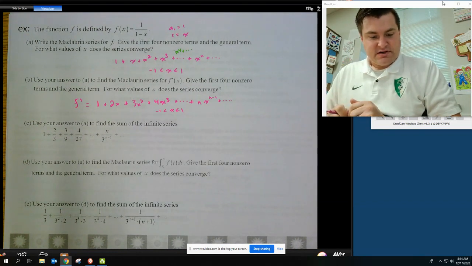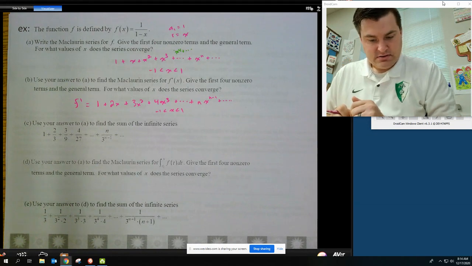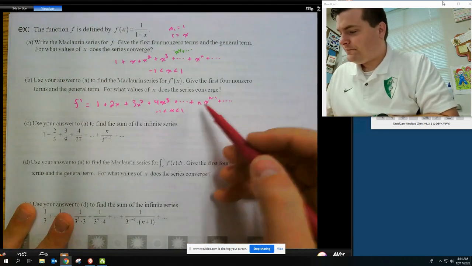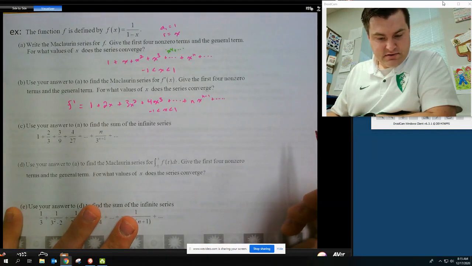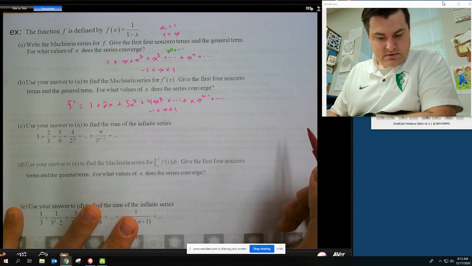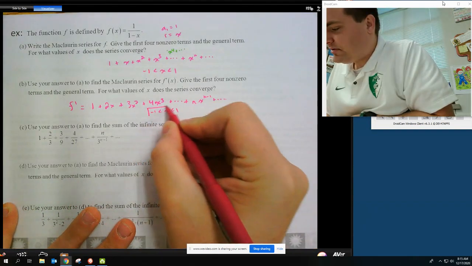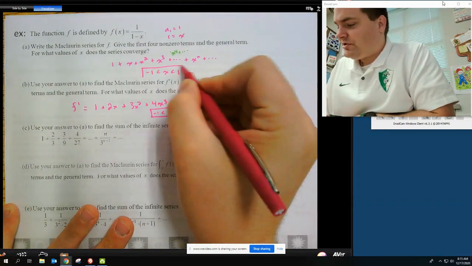So then it says, for what values does x converge? I'm just making sure that I've got everything here. So it's going to converge right here, and here's the other radius of convergence.